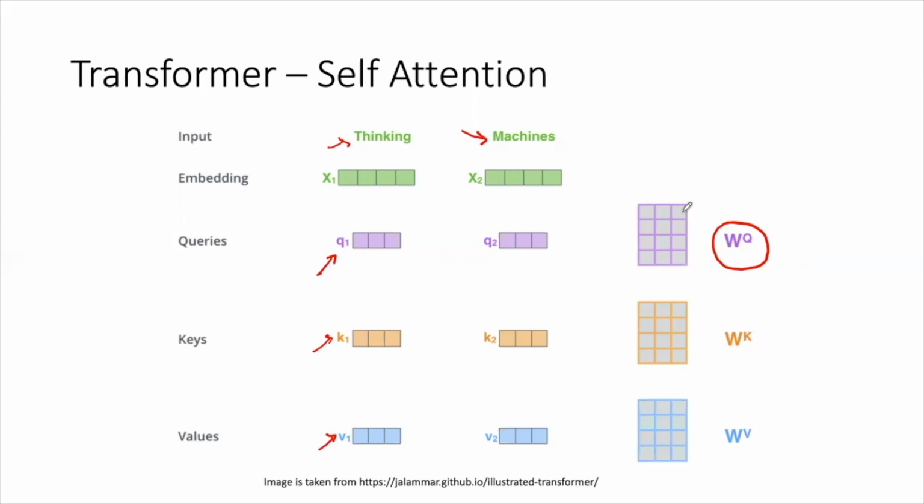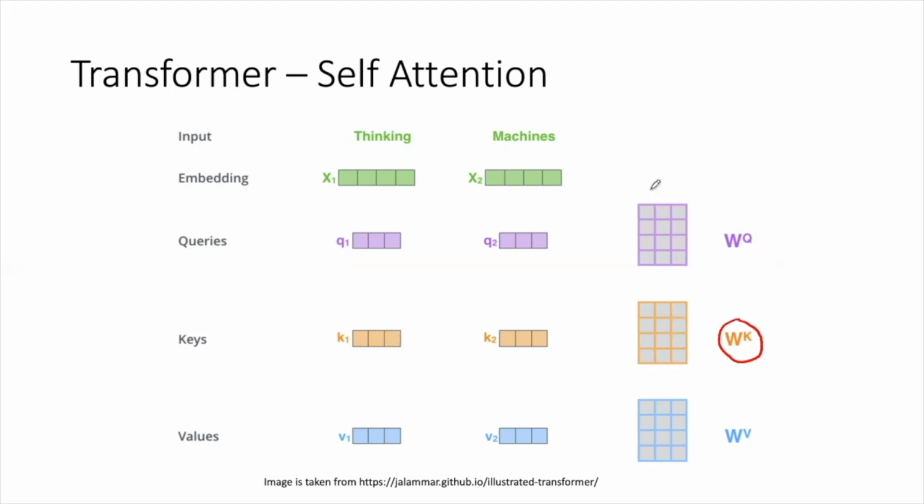So this Q1 is obtained by a linear transformation of x1 via the matrix WQ. Similarly, the other vectors, a key vector and a value vector, are generated by multiplying the same input x1 with different weight matrices. Here we have a key weight matrix, and that generates a key vector.